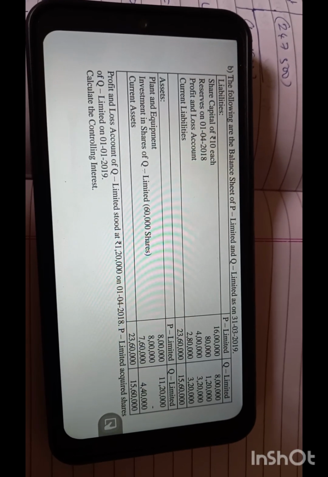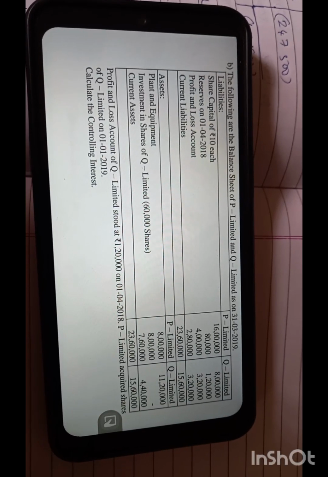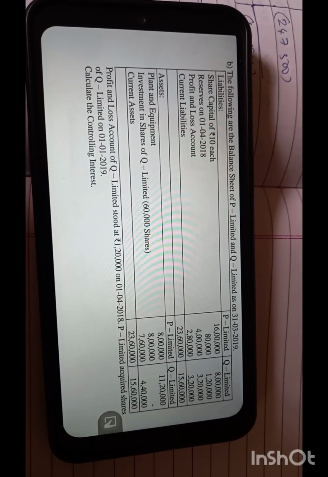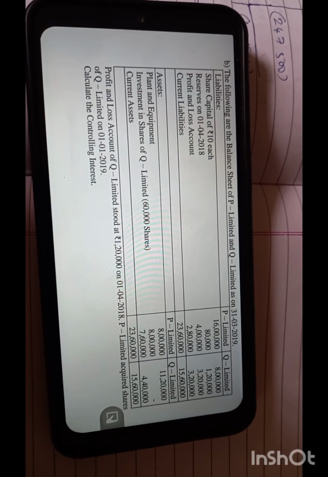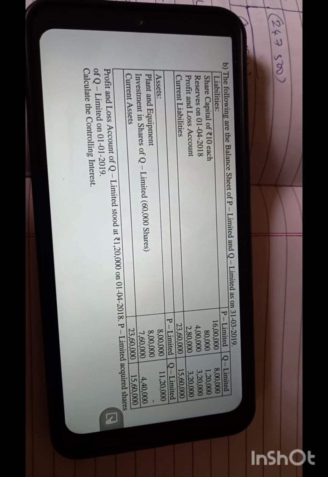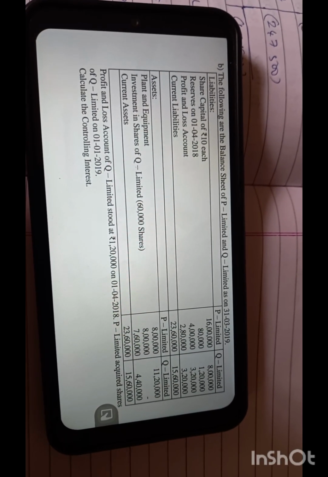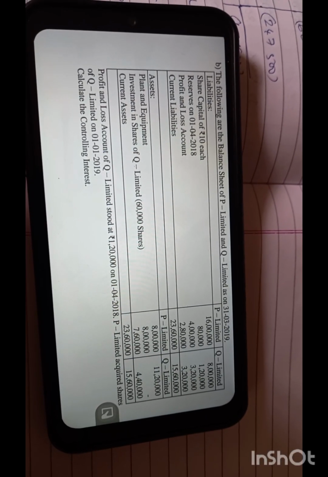So this balance sheet is on 31st March, that is the beginning. So last year's closing balance of profit and loss account we have 1 lakh 20,000. P Limited acquired shares of Q Limited on 1/1/2019. So in between 1/4 to 31st/3/19 they acquired. That means I'll calculate months also.